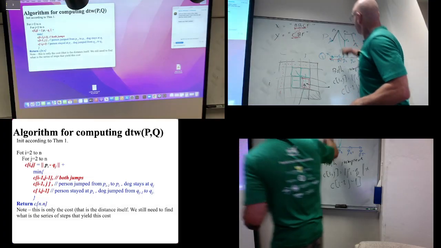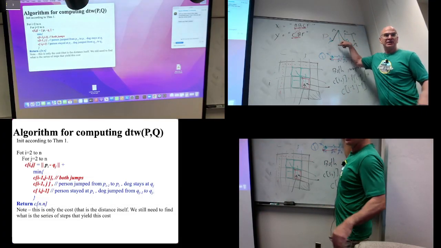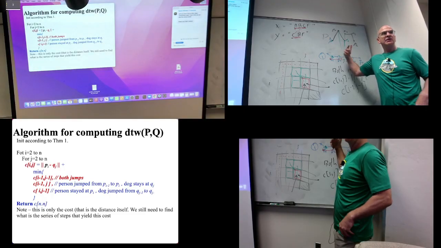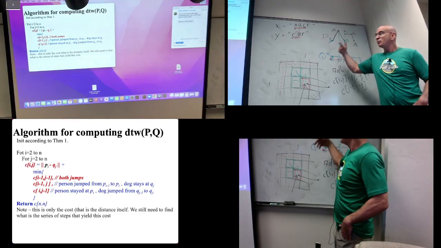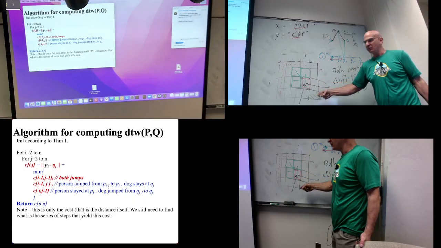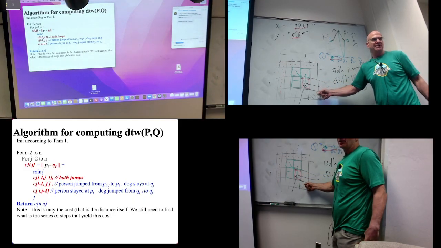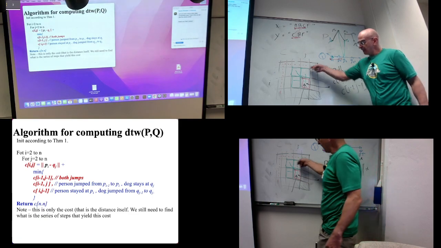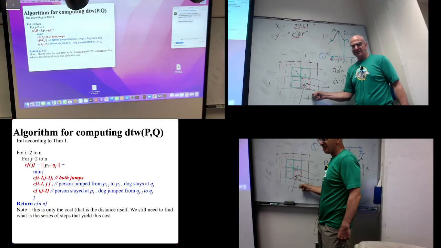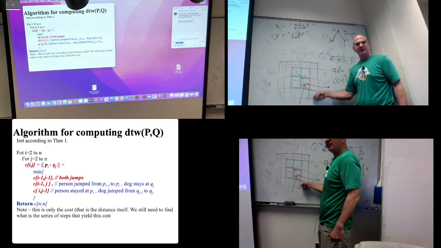Now, that just gives me the total sum of lengths of the leashes. What happens if I actually want to find the leashes on the optimum scheduling? What did we do in the LCS? What did we do in the shortest path problem? We first computed the optimum value as a number, the optimum cost, and then we traced our way back in the graph. We asked how come there is this value here, which of the cells around it gave it its value.